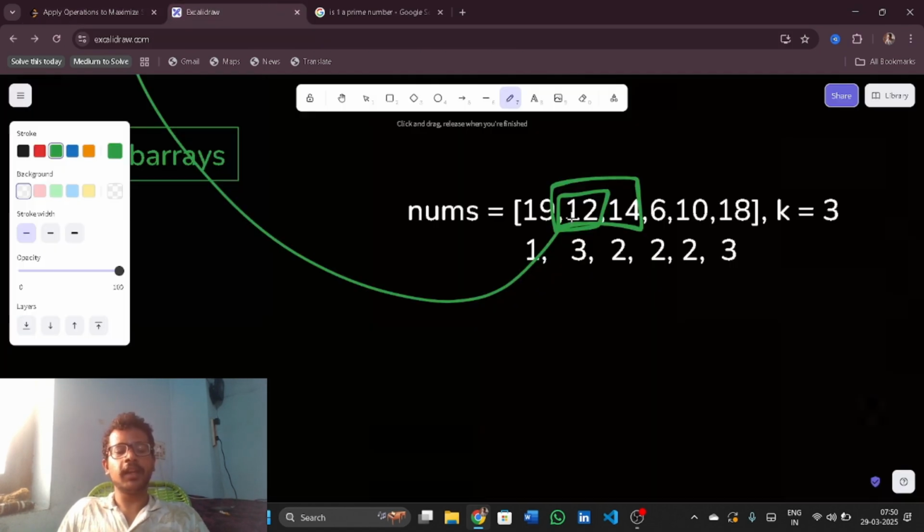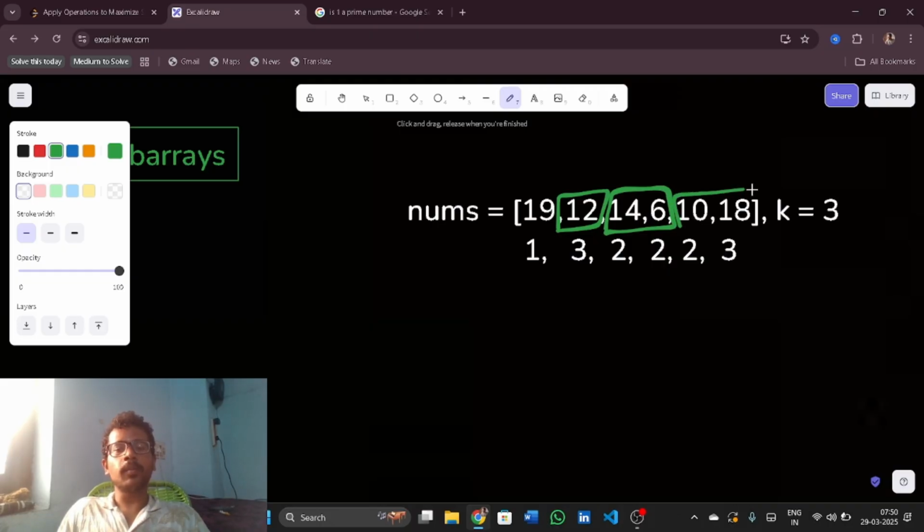That means they are talking about the entire subarray, not the element, not the indices. It's not that if I take this subarray, I am only allowed to take another subarray which doesn't include the indices that I took in the previous subarray.